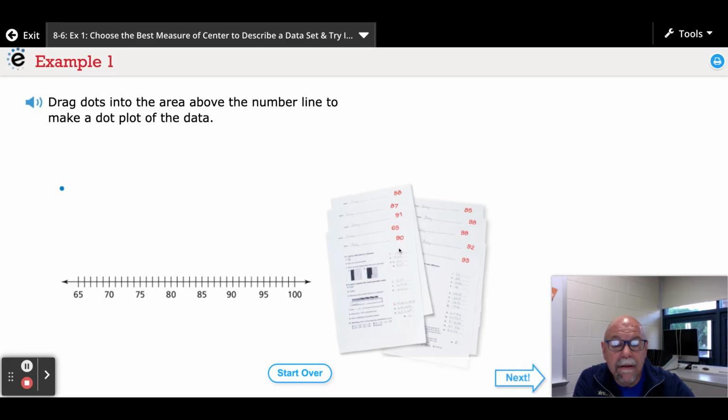Okay, so it looks like we have 1, 2, 3, 4, 85, 98. All right, so I guess we'll take these scores in red. So we have an 88, 85, 86, 87, 88, and an 87, and a 91, and a 65.